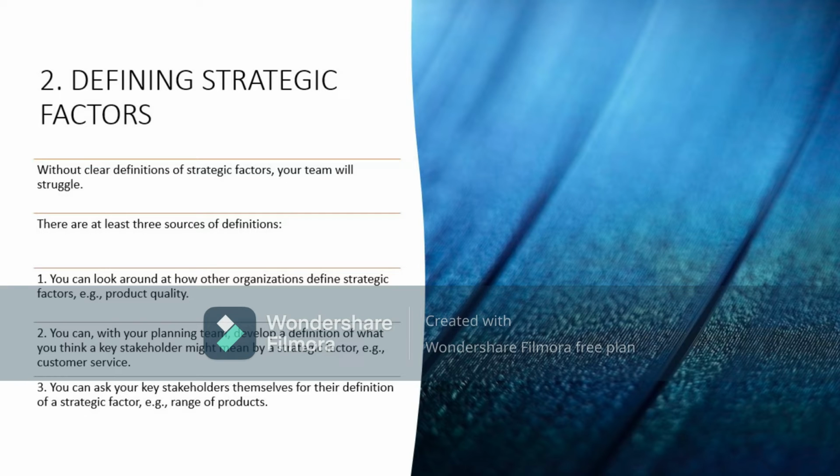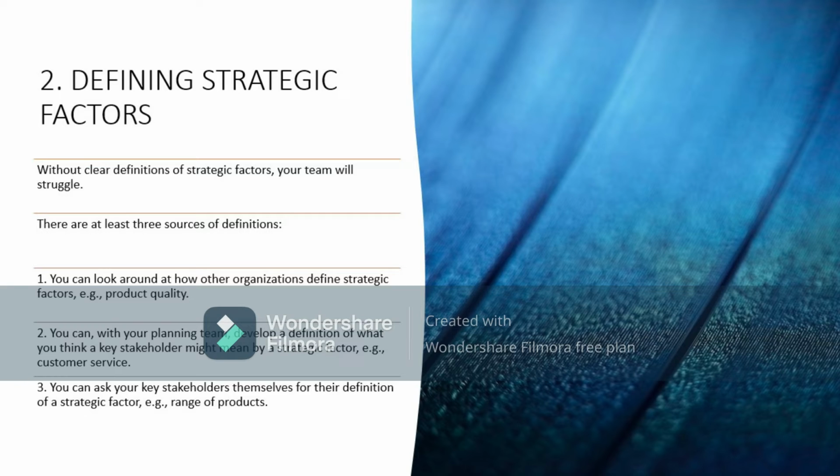All 3 have their place, but a problem arises if you only depend on the first 2 sources and do not employ the third. What are the dangers here? That the definitions may be completely at odds with what is appropriate for your organization or business unit. For example, product quality in the timber products industry is quite different from product quality in the healthcare industry.